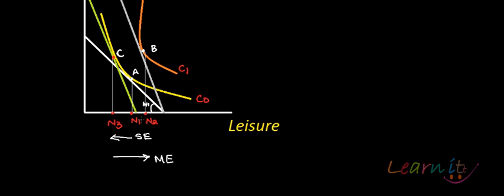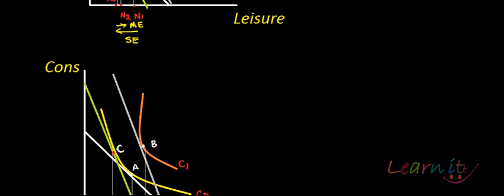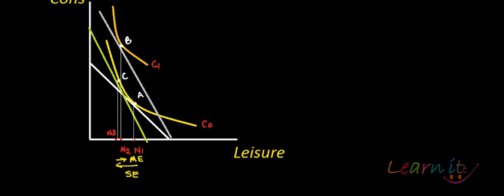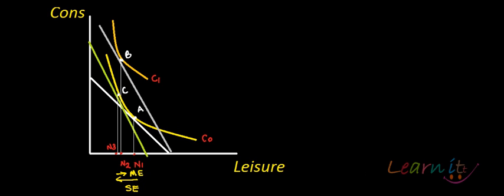When wages have increased, instead of supplying an increasing amount of labor, he is having more fun. And this gives rise to the downward sloping supply curve of labor. When you draw the curve, it will be something like a backward bending supply curve of labor.